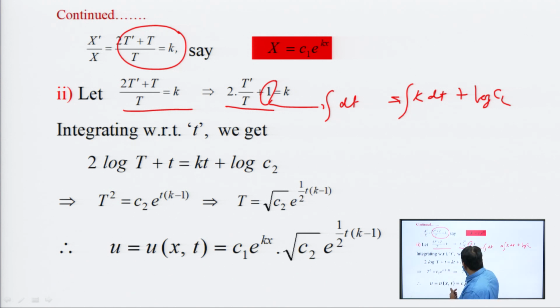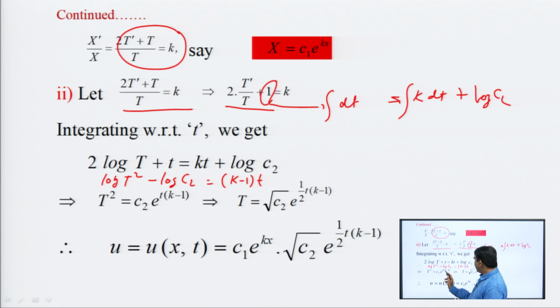So, 2 log t plus t is equal to k t plus log C 2. When we simplify this, it can be written as log of t square minus log of C 2 is equal to (k minus 1) into t.